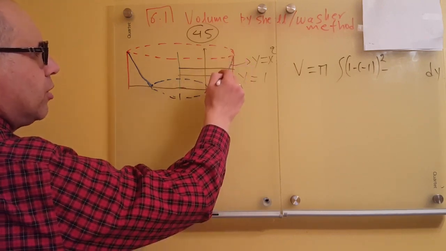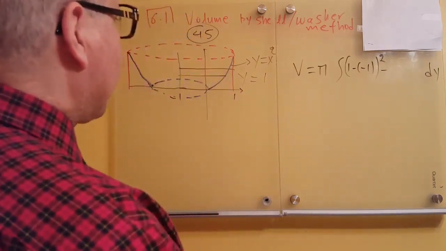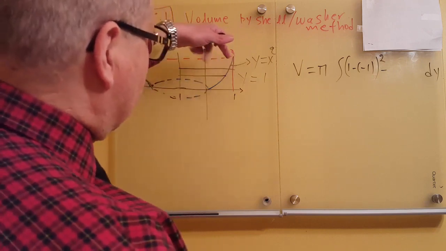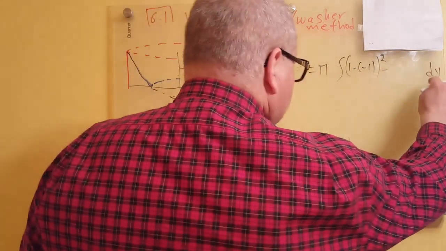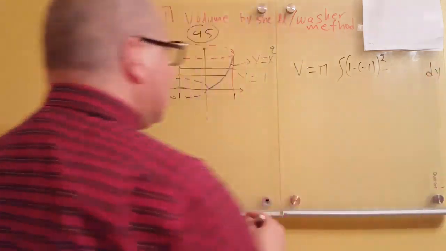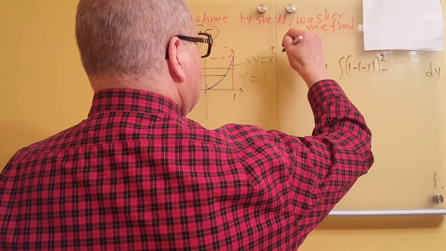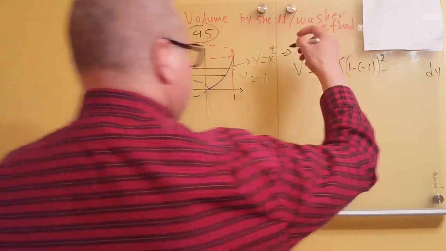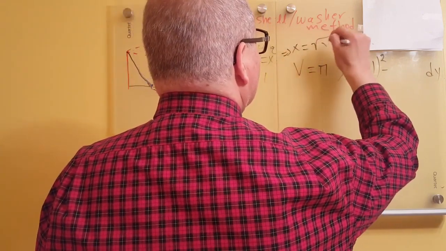So this point here is y is equal with x squared, but because we have to find the integral with respect to y, we have to find x with respect to y, so we have to take the square root. So x is equal with square root of y.